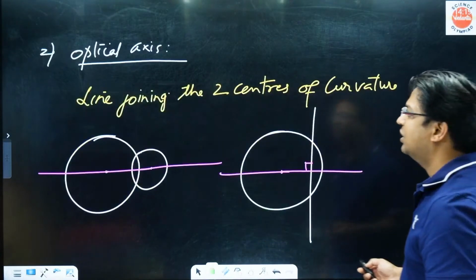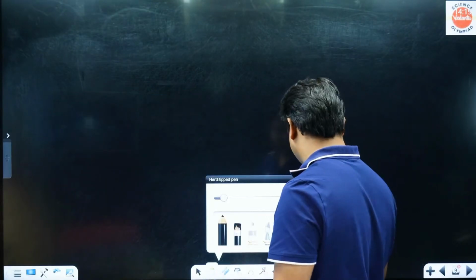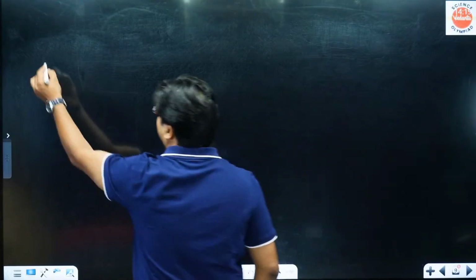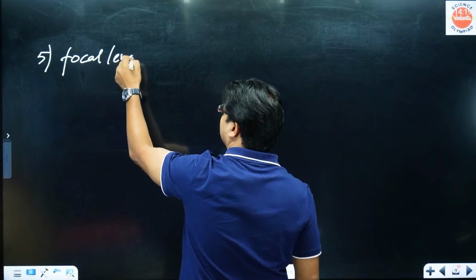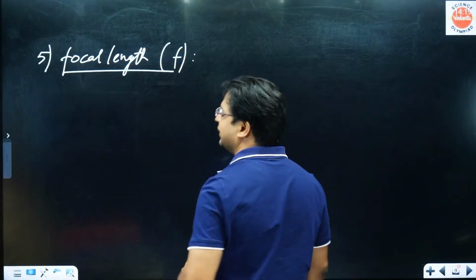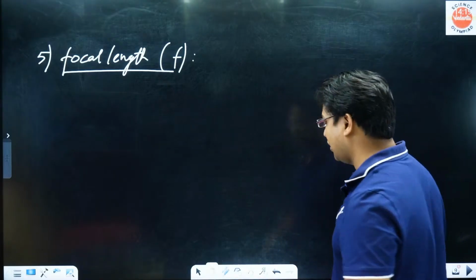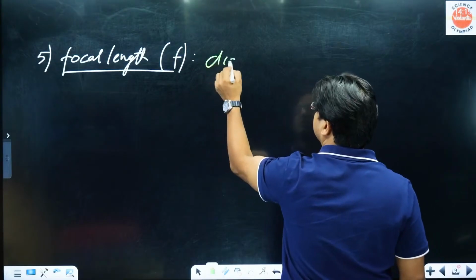Okay, now there is another term that we need to familiarize ourselves with. That term is focal length. The focal length of a lens is the distance between the optical center and the second focus.